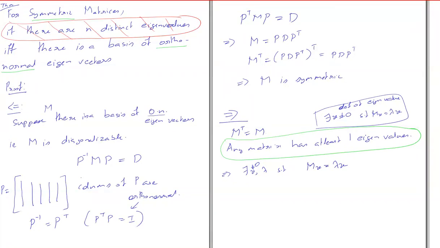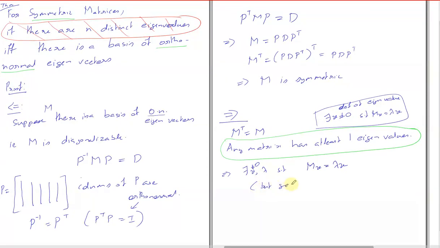Now you have one eigenvector also you found. But it's possible that the geometric multiplicity of this lambda might be equal to 1, and the algebraic multiplicity could be equal to n.